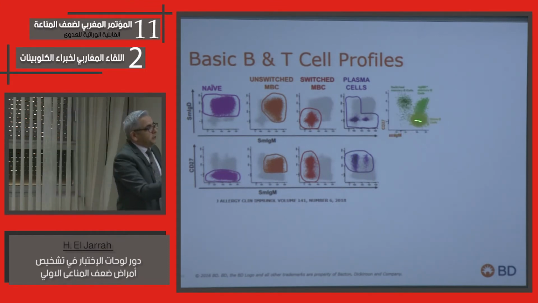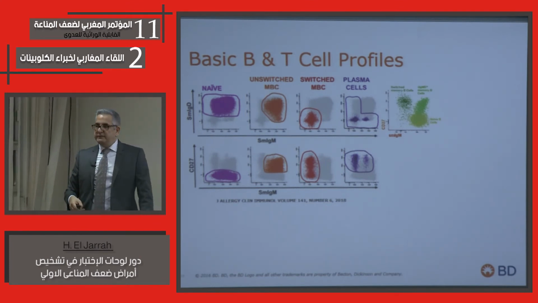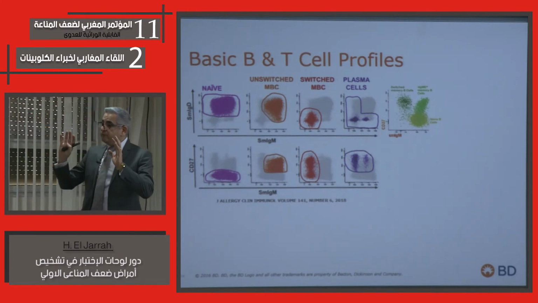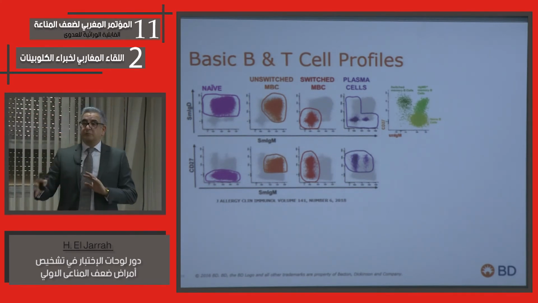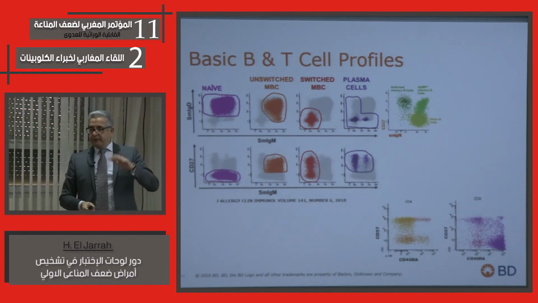If we look at IgM with CD27, we see the switched memory, the double positive memory, and the naive B cells. So this is how you would look at the data from the traditional flow cytometrist perspective, because now we will see something different.